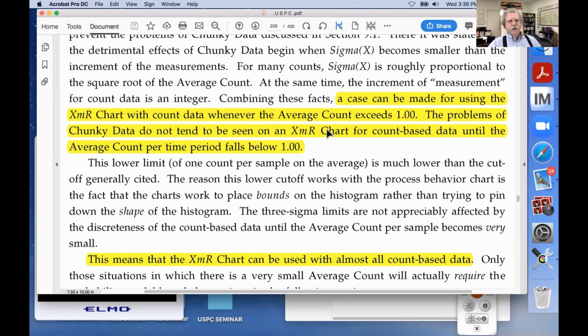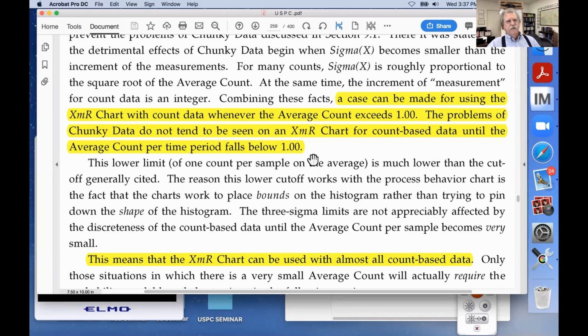When your average count starts falling below 1 per time period, you're going to start to run into chunky data problems. When your average count falls below 1, you have a very rare event or a very rare count, and your count data are going to become very insensitive.